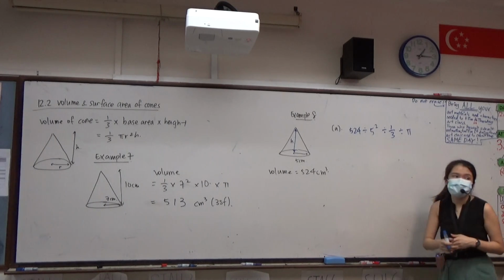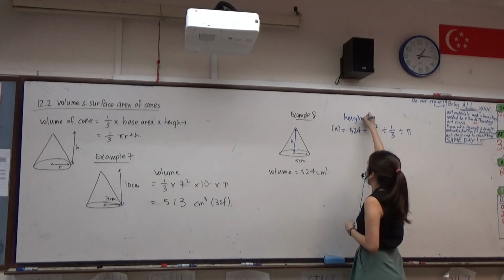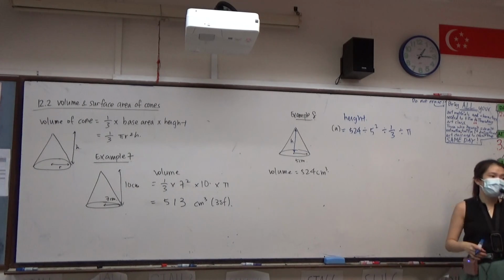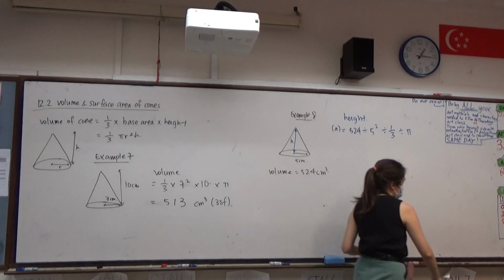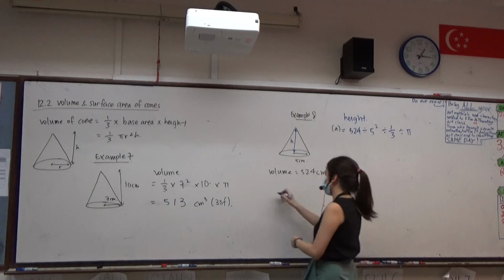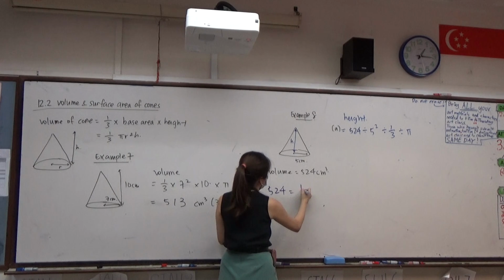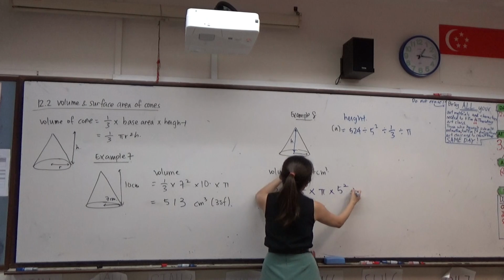That will give you the height. Alternatively, if you want to form a full equation, we know that the volume 524 equals 1/3 pi times radius square times height.